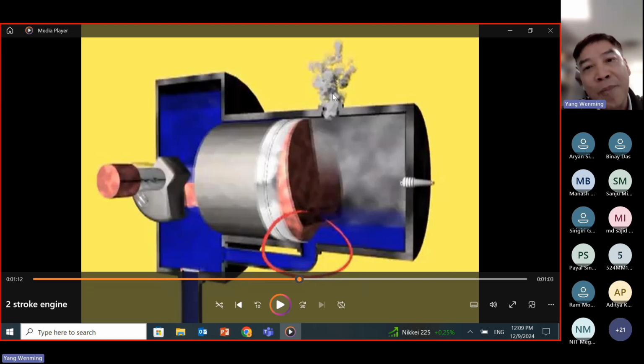The first one is to act as an exhaust valve, controlling the opening and closing of the exhaust ports. The second is to function as the inlet valve, controlling the opening and closing of the intake ports. And the third is to act as a pump or compressor, correct?